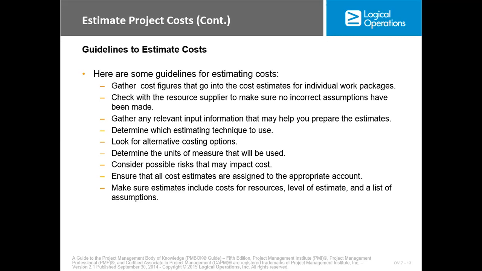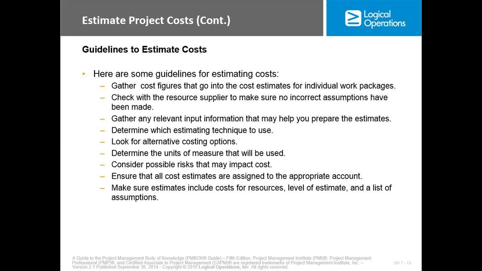Here are some guidelines. We have gather cost figures that go into cost estimate for individual work packages. Check with the resource supplier to make sure no incorrect assumptions have been made. Gather any relevant input information that may help you prepare the estimate. Determine which estimating technique to use.